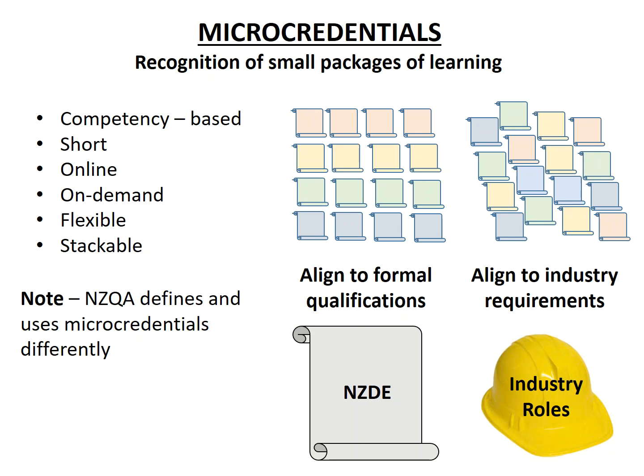So first of all, talking about the stackability of micro-credentials, they can be aligned to formal qualifications, and that's what we're doing in this pilot project. We've taken the competencies which align with the learning outcomes of a specific course, and we've arranged them into 5 micro-credentials which align to the learning outcomes of the highway engineering course.